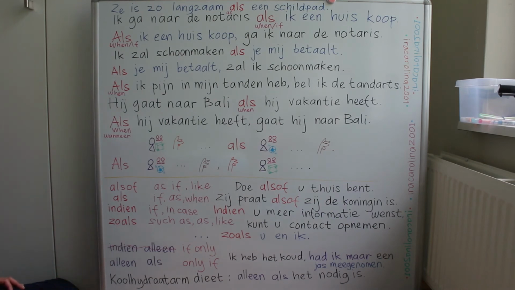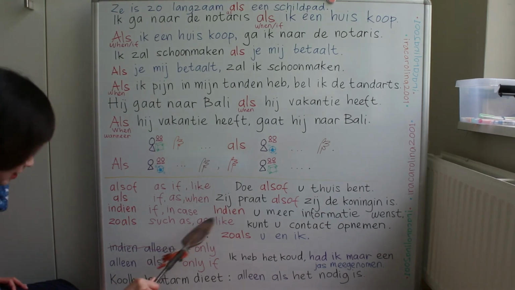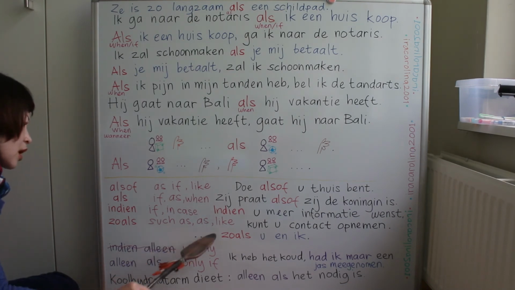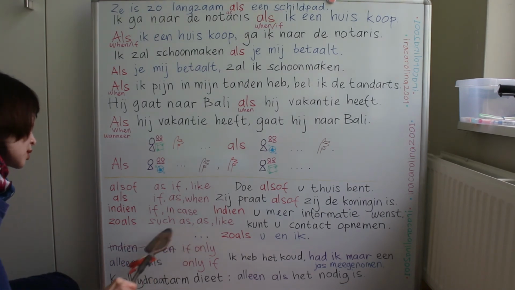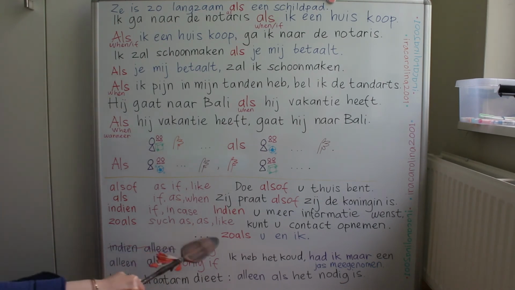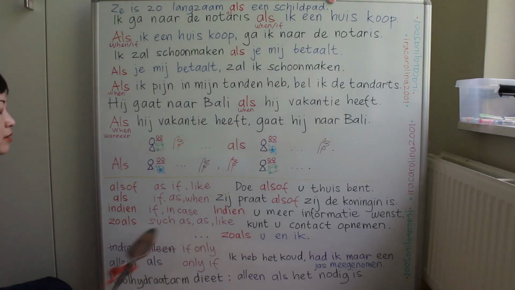And we have zoals. Zoals is such as, or as, or like. I don't know how other words put it here. It's just being creative with it. You can put any kind of which you think is correct.